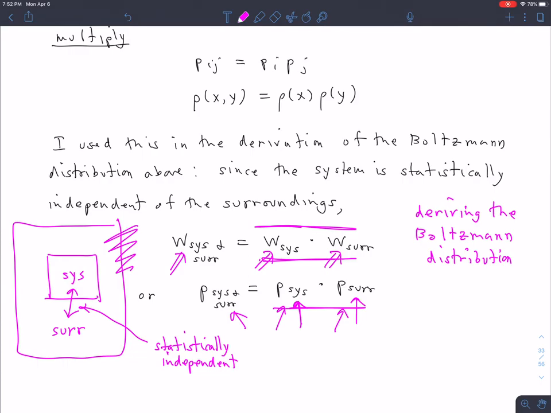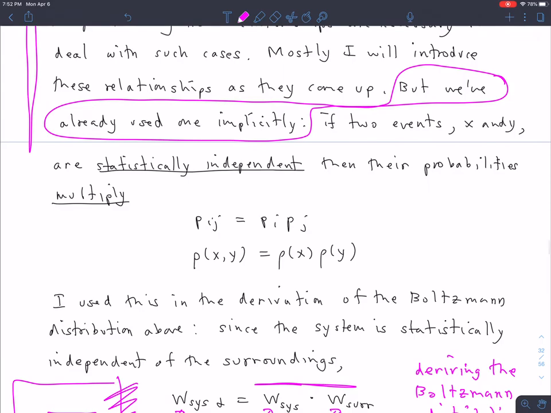And that's statistical independence. The general rule is the following, that if you have statistically independent quantities, if the quantity x and the quantity y are statistically independent, then their probability distributions will factor into two independent or separate distributions, one for each of the independent quantities.